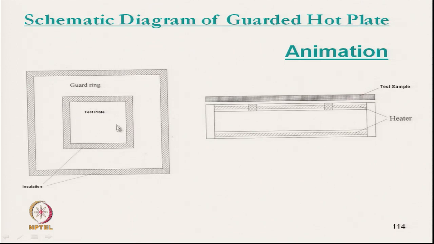The center one is the test plate, here these are the insulation, and then there is a guard ring, and after that another insulation, and above that we place the test specimen, and below there is another plate which is the bottom plate, and 3 different heaters are used for heating and to maintain the same temperature. Let us see the animation here.